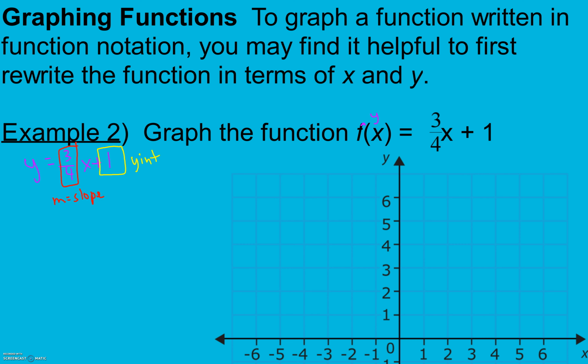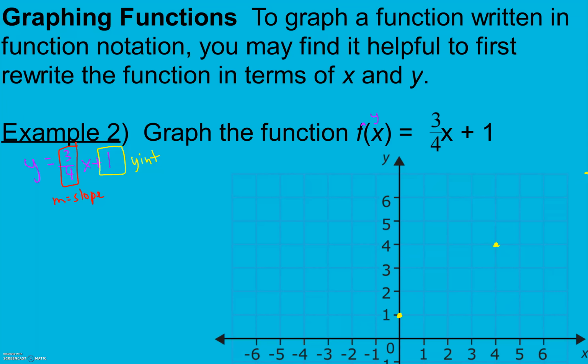We also could have done a table of values here. We could have found our x and y intercepts. Any of the ways that we've used to graph equations, we could have also used here. So my y-intercept is at 1. I put a point there. My slope is 3/4. That's my rise and my run. So I go up 3, right 4. Up 3, right 4.